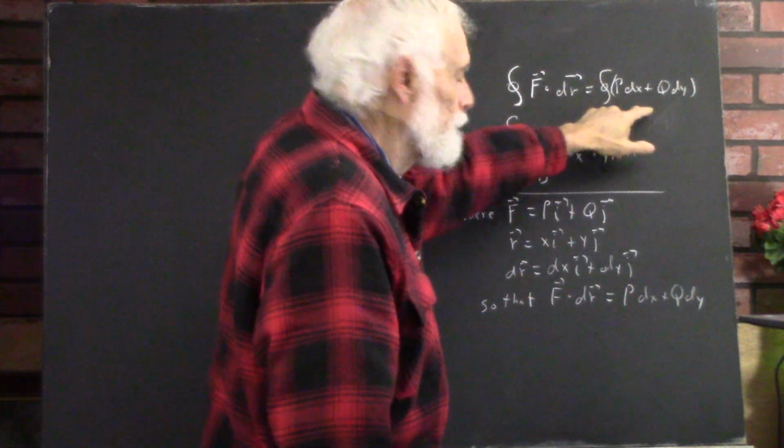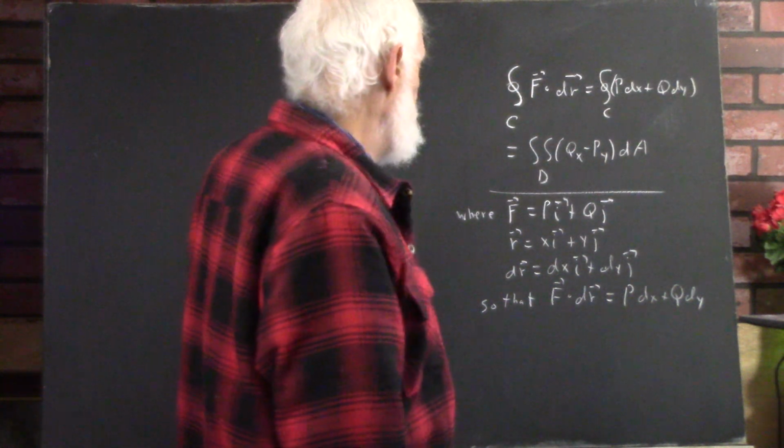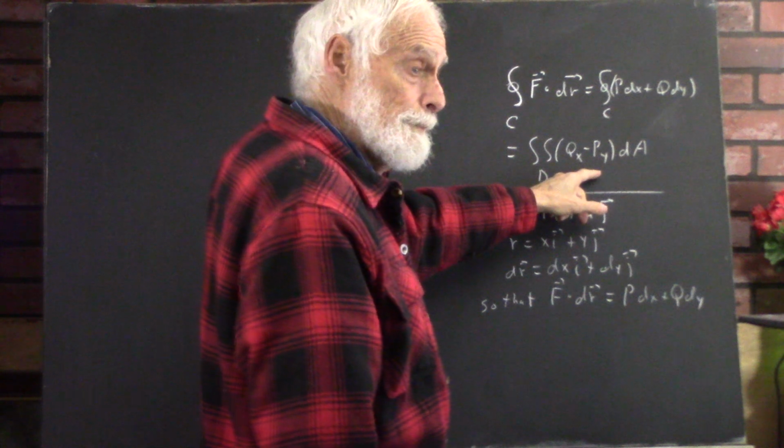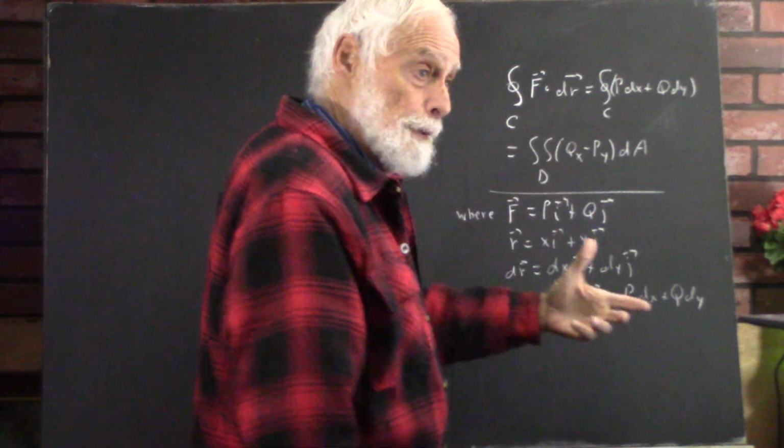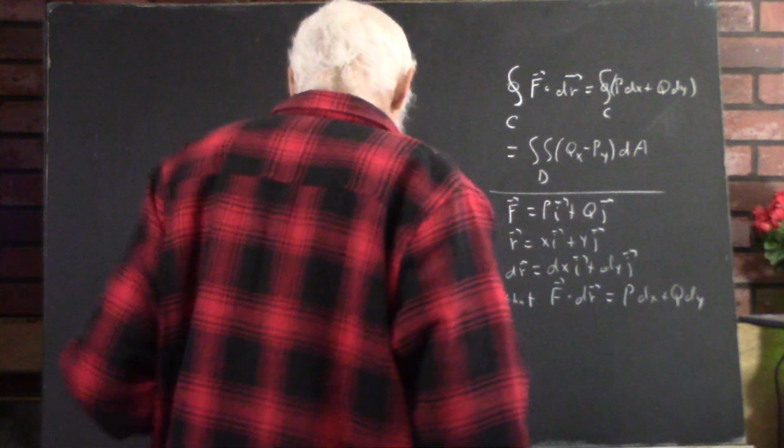So this equality, as I said before, is pretty much automatic. Now this one takes a little bit of work, and that's where we've got to start looking at that little rectangle. Okay.